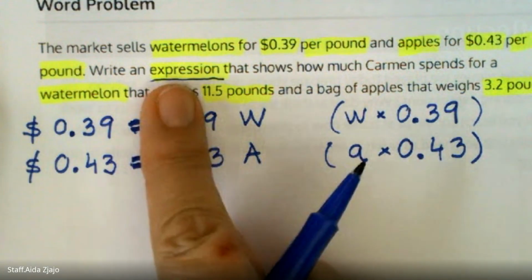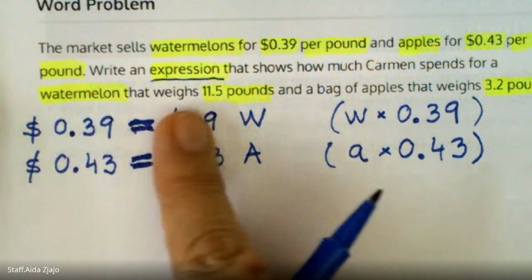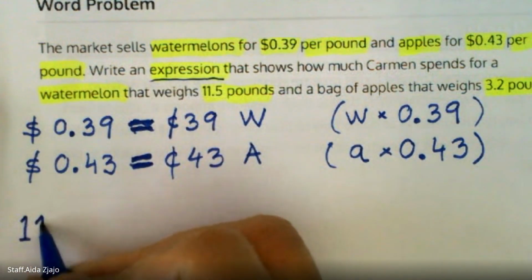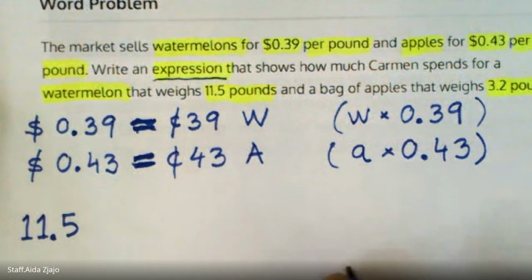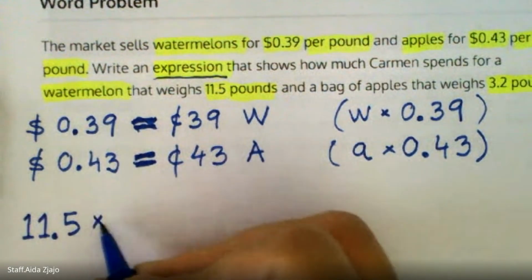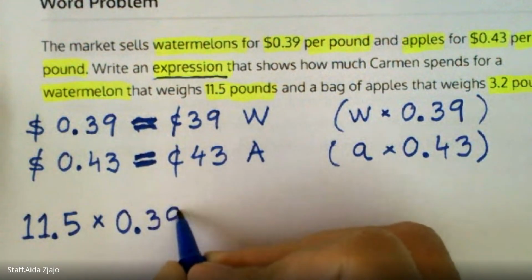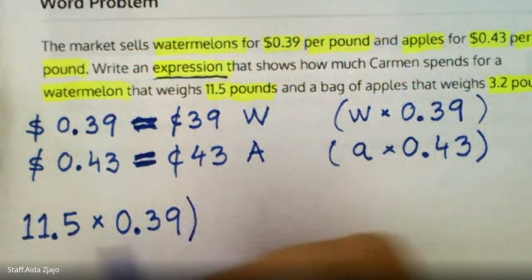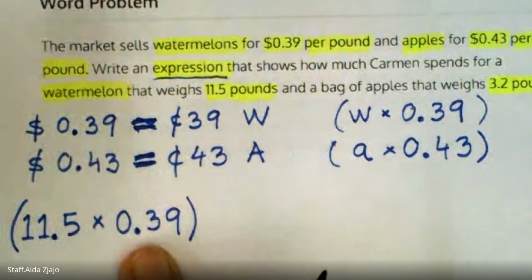But right now we know the weight of the watermelon is 11.5, so 11 and a half pounds was the big watermelon, times the price 0.39. So that was the price for how much she would pay for the watermelon.